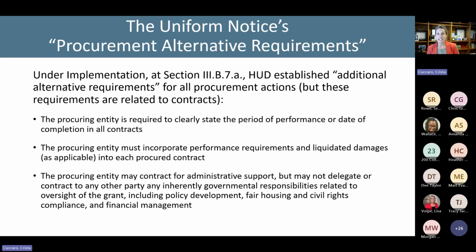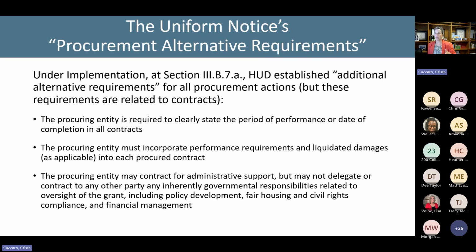The procuring entity, which would be you all in a procurement action, is required to clearly state the period of performance or date of completion in all contracts. Basically, you've got to have an end to the term of the contract, right? The second requirement says the procuring entity must incorporate performance requirements and liquidated damages as applicable into each procured contract.